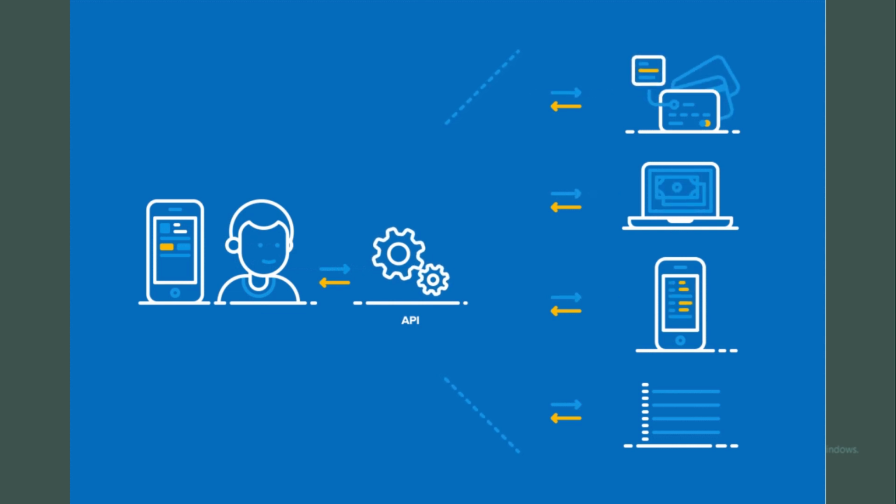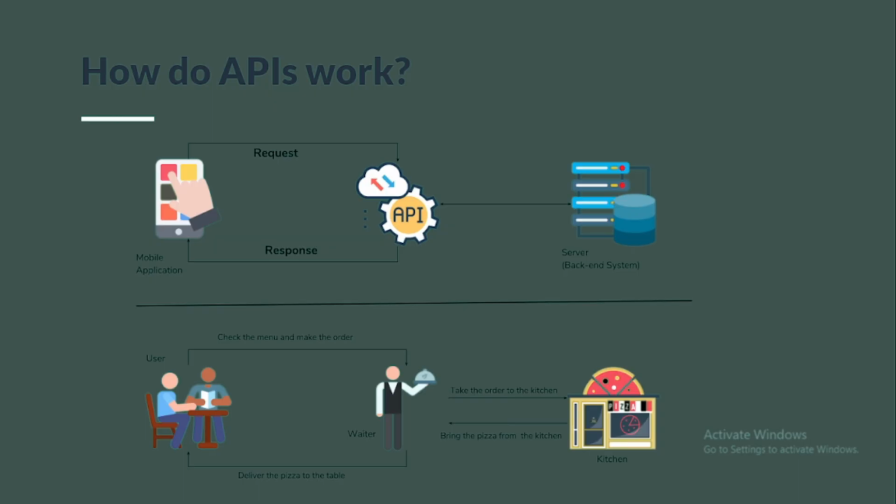In layman's language, for example, a user checks the menu in a restaurant and gives the order to the waiter, and the waiter takes that order and passes it to the kitchen. The kitchen processes that order and gives it back to the waiter, and the waiter delivers it to you at the table.